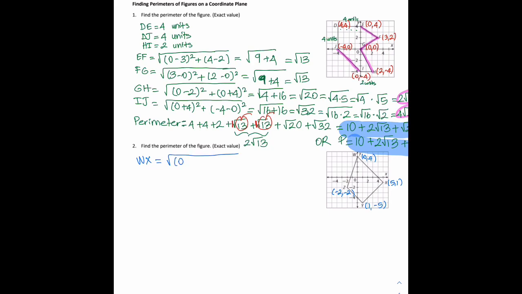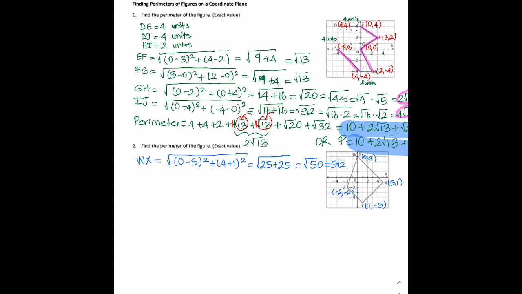It's going to be 0 minus 5 to the second power plus 4 plus 1 to the second power, which will give us 25 plus 25, which will be square root of 50. And this square root of 50 can also be written, using the same idea from the previous question, as 5 square root of 2.